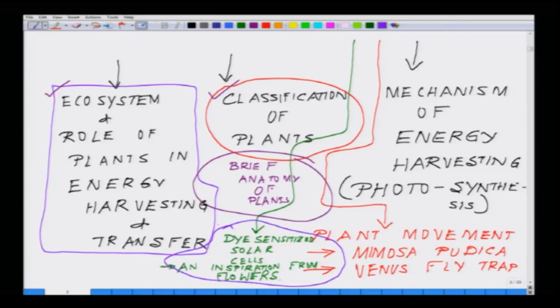All these different dyes present on the flower have the ability to trap sunlight and eject electrons. The only difference between these and the major molecule in photosynthesis, chlorophyll, is that the other dyes have lower molar absorption coefficient.